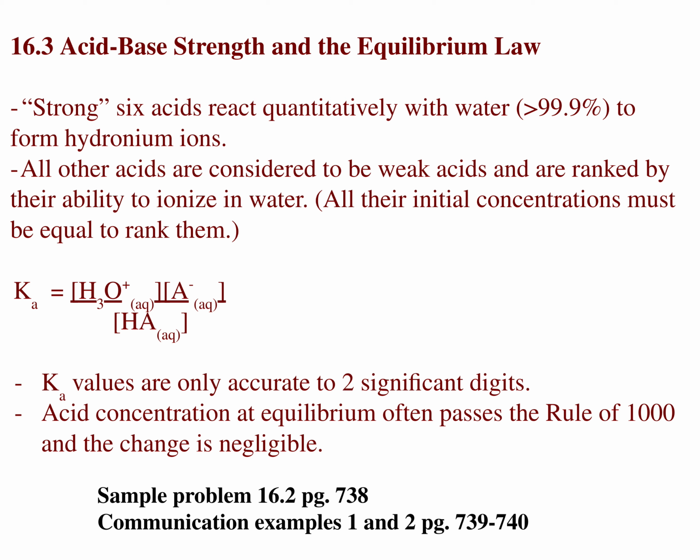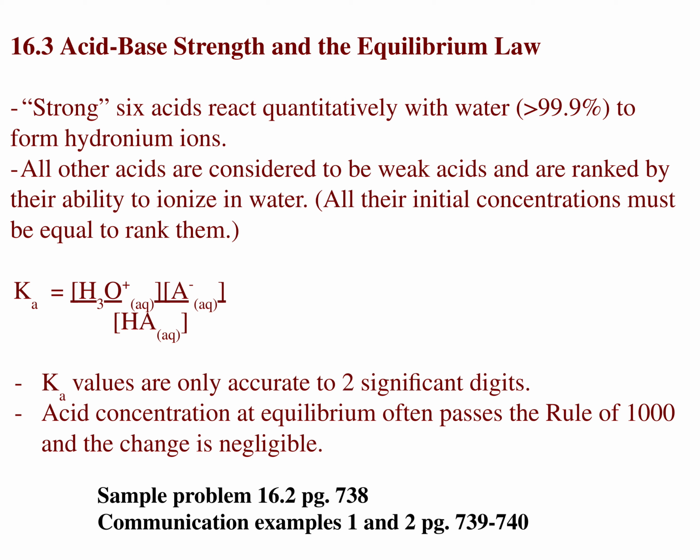And the reason we do that is that all acid-base equilibriums follow the same reaction pattern. So for all acids, we can calculate Ka. Its equilibrium law will always be equal to the concentration of the hydronium ions times the concentration of the conjugate base over the concentration of the original acid.